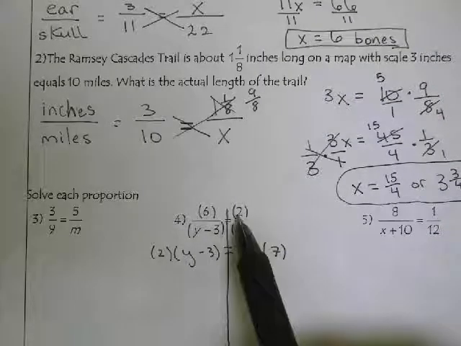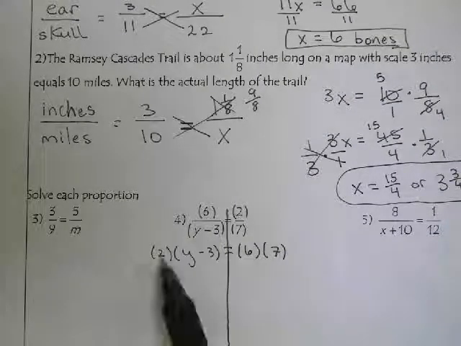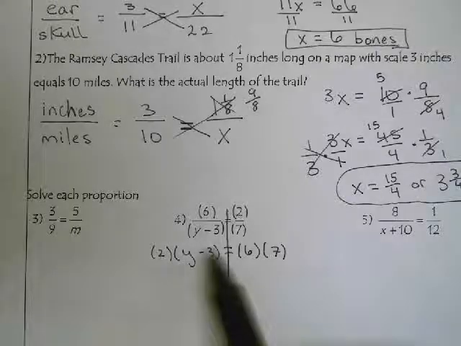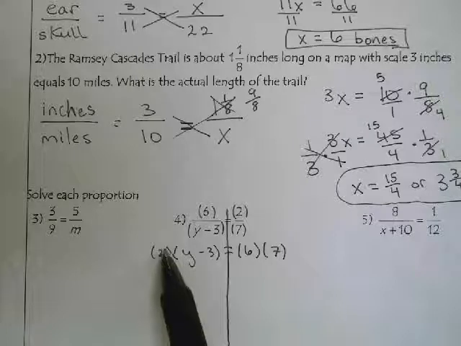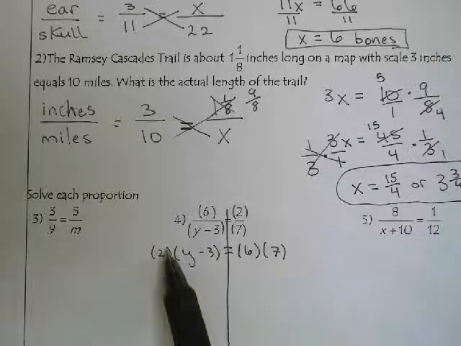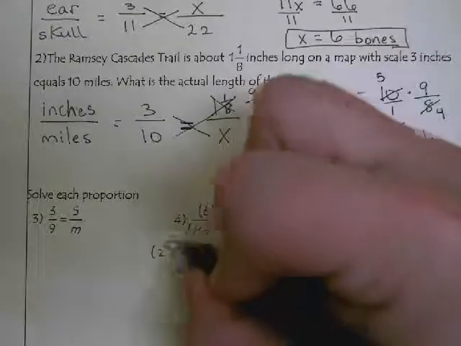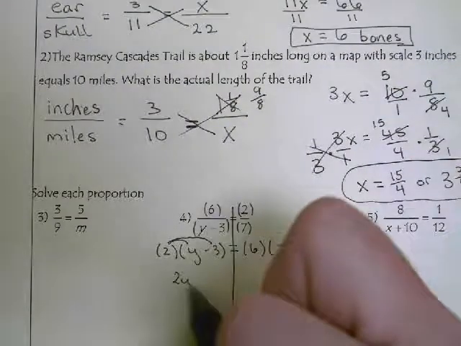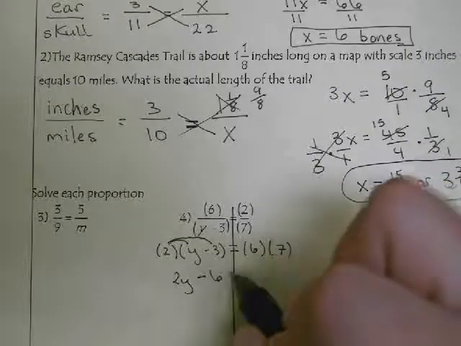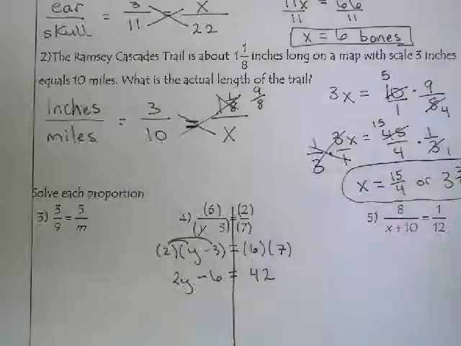Because now it's not 2 times y, but it's 2 times the whole (y minus 3). And what that tells me is I'm going to need to distribute. So we'll have 2 times y and 2 times the minus 3. So we'll have 2y minus 6 equals 42.